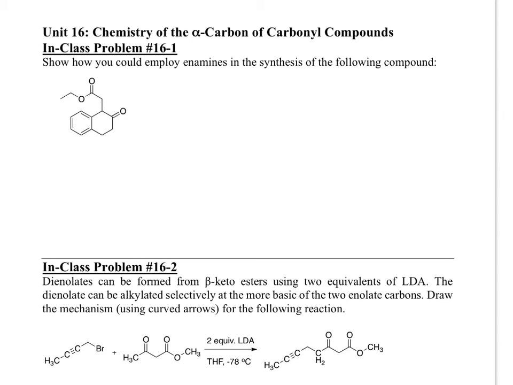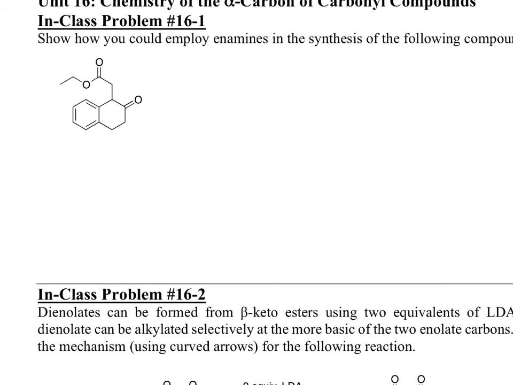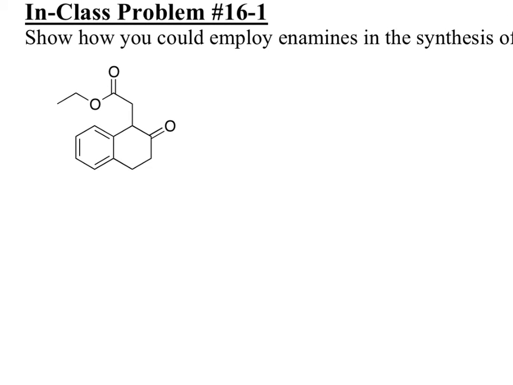Now that you've had some time to work on this, let's take a look at them. So let's start with 16-1 first. So if you notice here, we've got a carbonyl and we've added some electrophile, which would be this whole piece here, to the alpha carbon. So here is the piece that's attached to this alpha carbon shown there.